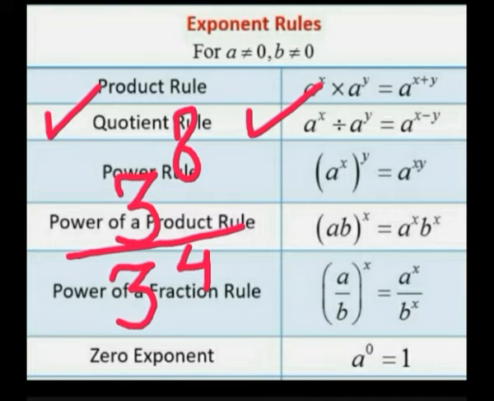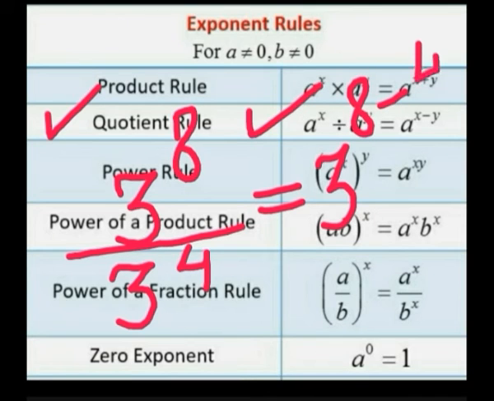Here, it's very clear that both exponential terms have the same base and they are being divided. So, what will be the answer, children? Here, their powers will be subtracted and it will be 3 raised to the power 8 minus 4, and you would get 3 raised to the power 4. This is how the second law of exponents, the quotient rule, is used.